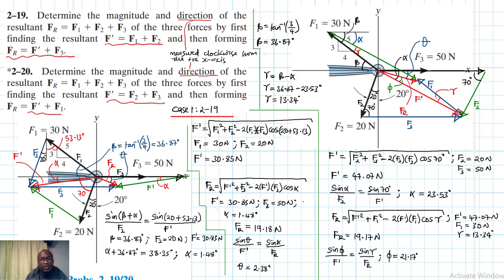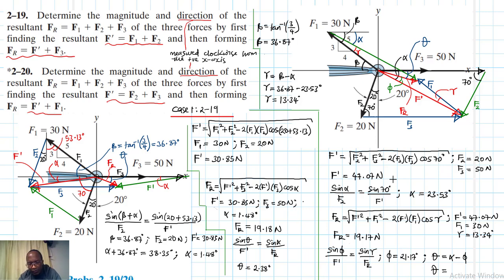Great. So now therefore theta is just equal to alpha minus phi, right? We know what alpha is. Alpha is here. Just feed it in there, then do the subtraction.